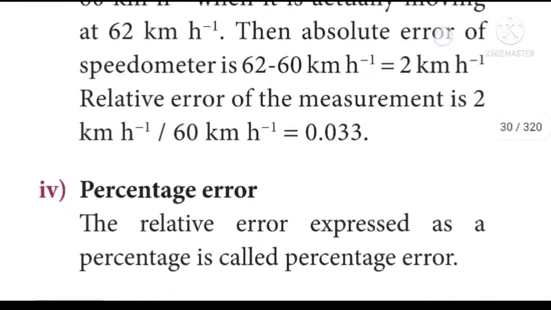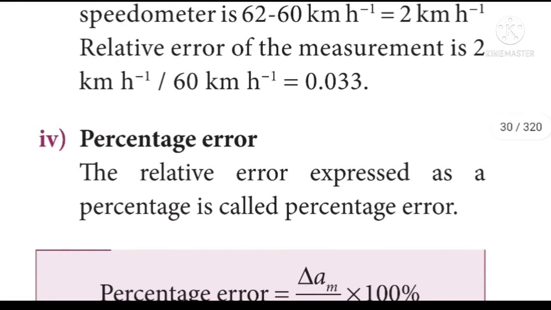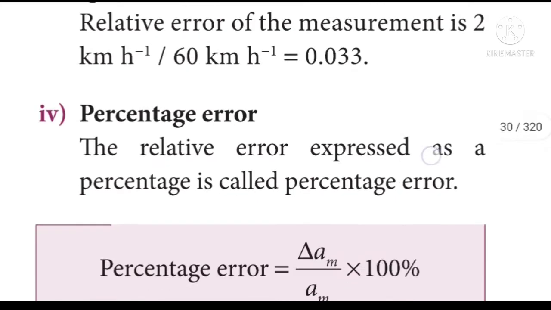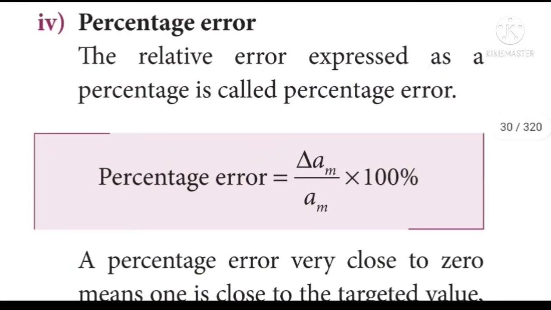Hence, the relative error of the measurement is 2 km per hour divided by 60 km per hour, which is equal to 0.033. Next one, percentage error. What is percentage error?